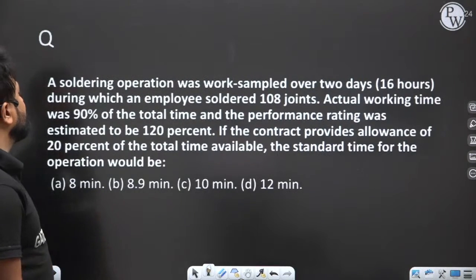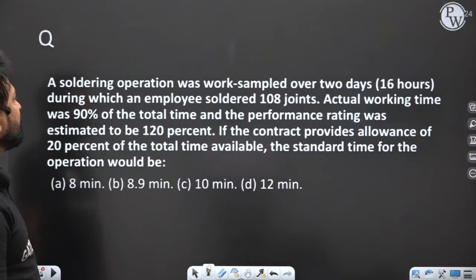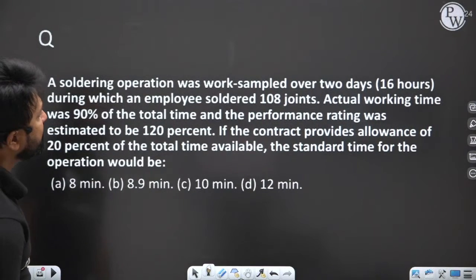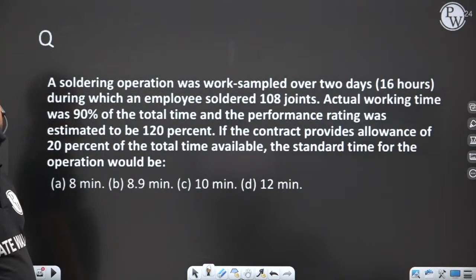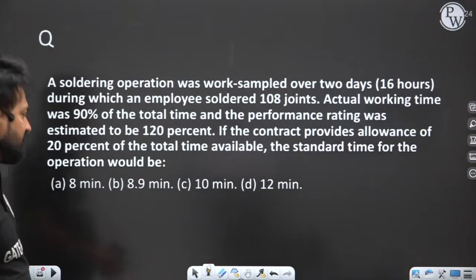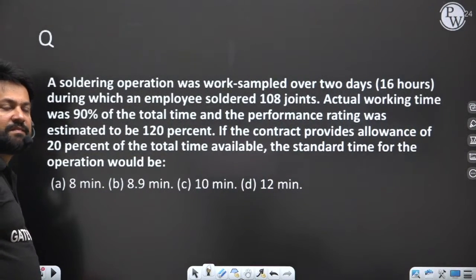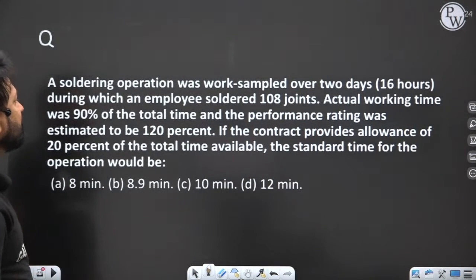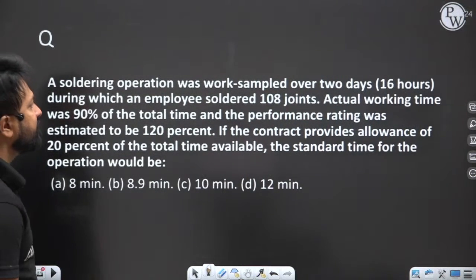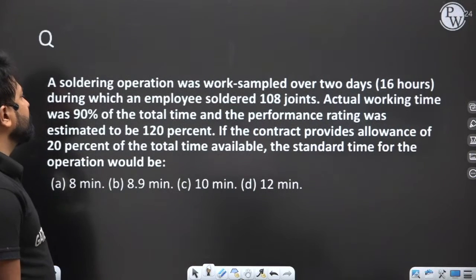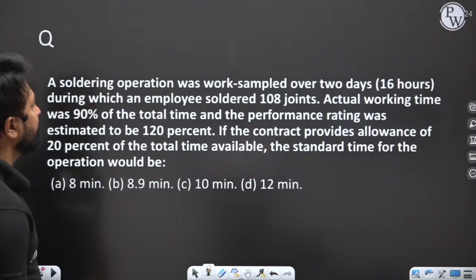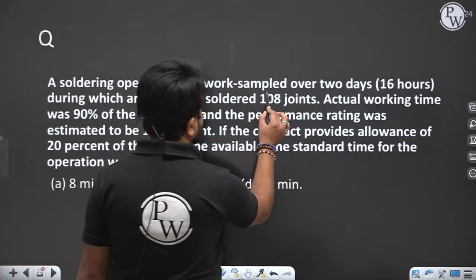Next, a soldiering operation was work sampled over 2 days, 16 hours, during which an employee soldiered 108 joints.